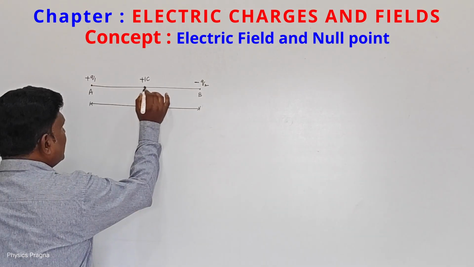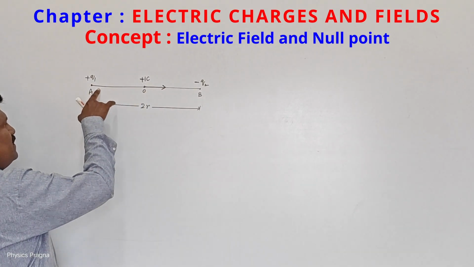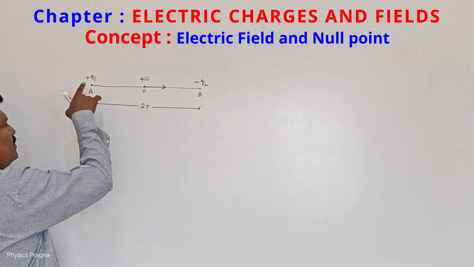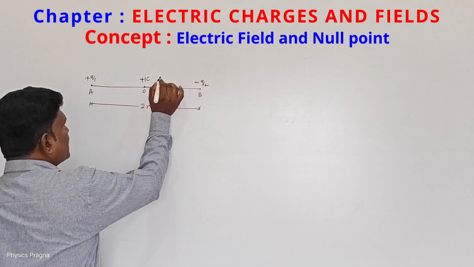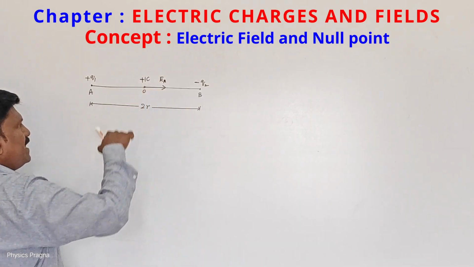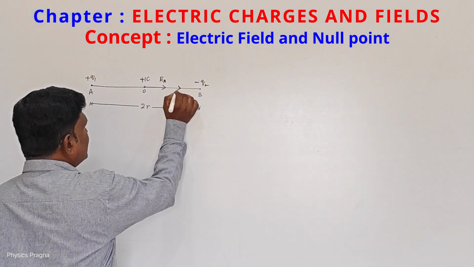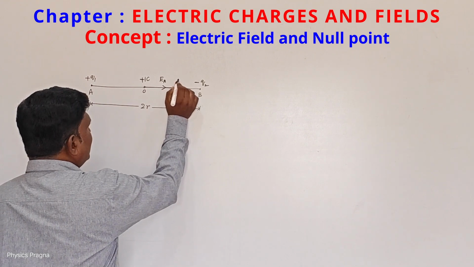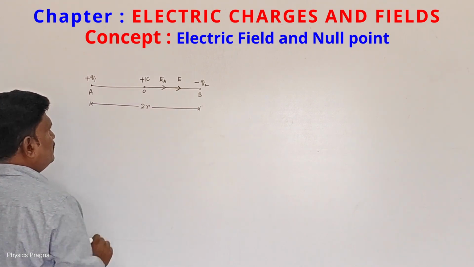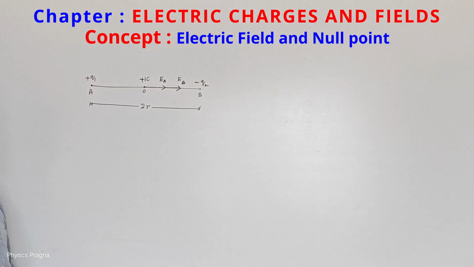So this positive charge will repel the unit positive charge in this direction. That is the electric field at O due to the charge present at A. This negative charge will attract the positive charge towards it. So this is the electric field direction due to the charge at B.